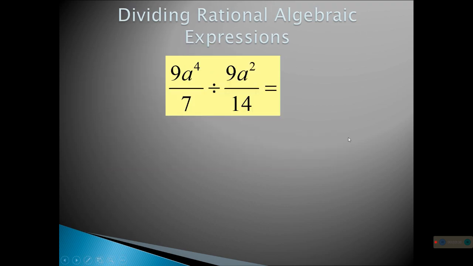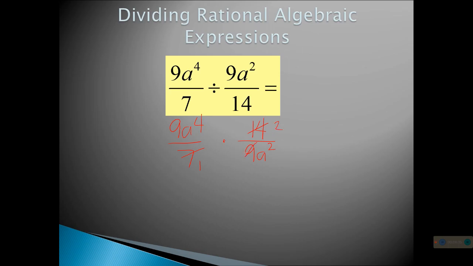For our next example, let us have 9a to the 4th power over 7 divided by 9a squared over 14. Again, copy the first fraction, so we have 9a to the 4th power over 7. Then flip the second fraction, so you will have 14 over 9a squared. Then change the division sign to a multiplication sign, and look for the common factor. 7 divided by 7 is 1 and 14 divided by 7 is 2.